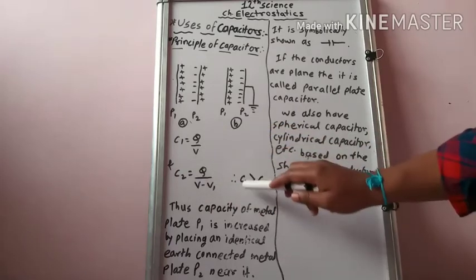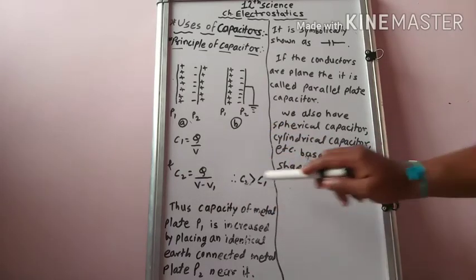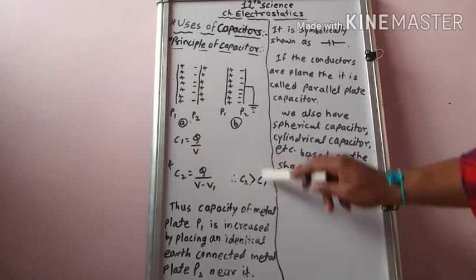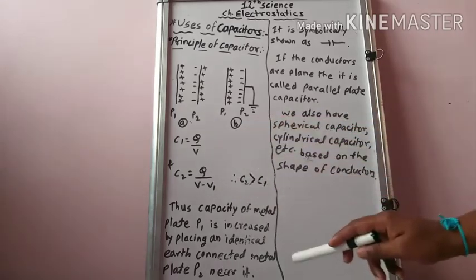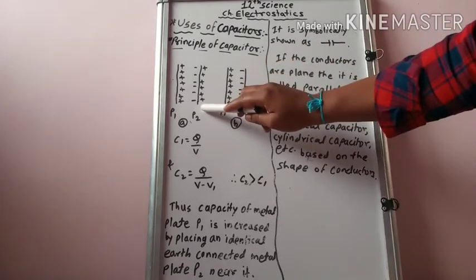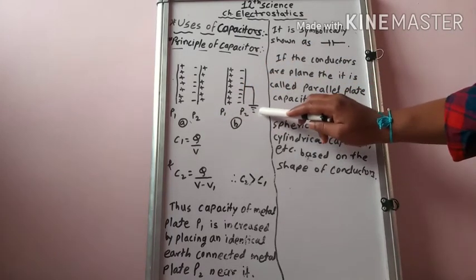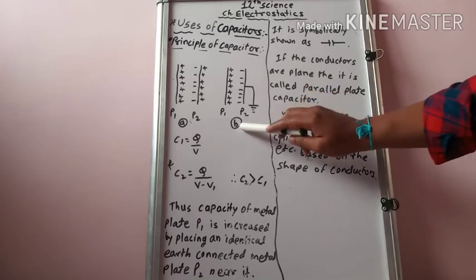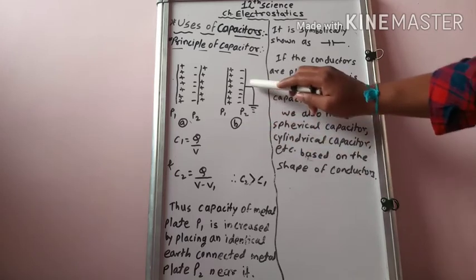From these two equations, C2 is greater than C1. That is, the capacity of this arrangement is greater than the capacity of the earlier arrangement.